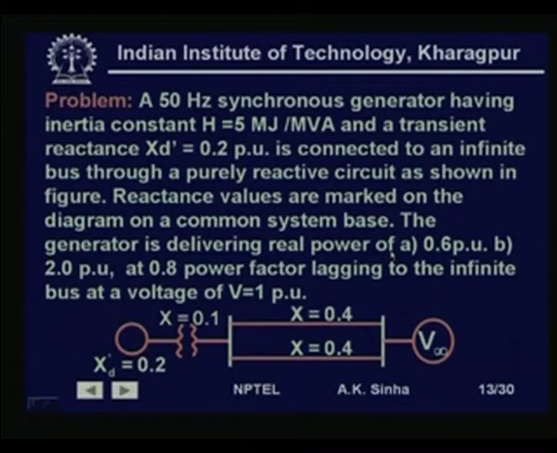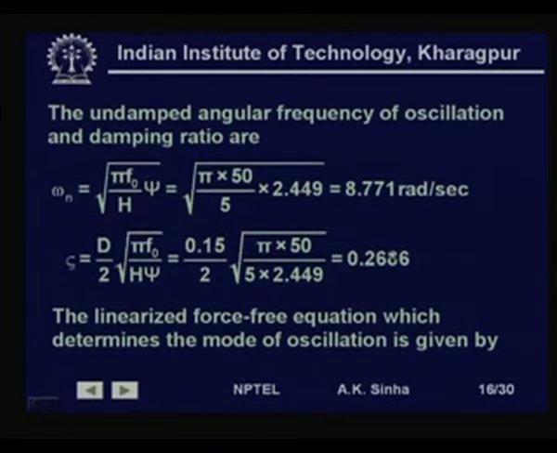So, simply substituting the values here, omega n is equal to square root of pi f0 by H into psi. So, pi into 50 by 5 into 2.449, this is the psi value that we have calculated. So, it comes out to be 8.771 radians per second, and zeta is equal to D by 2 square root of pi f0 by H psi.